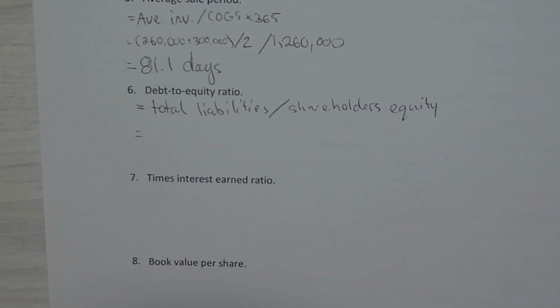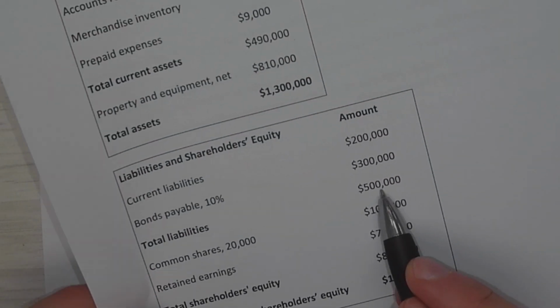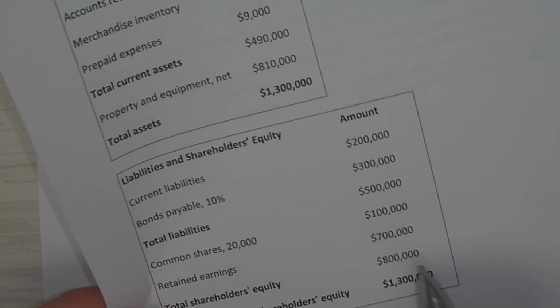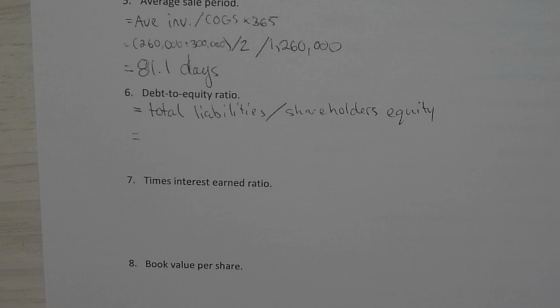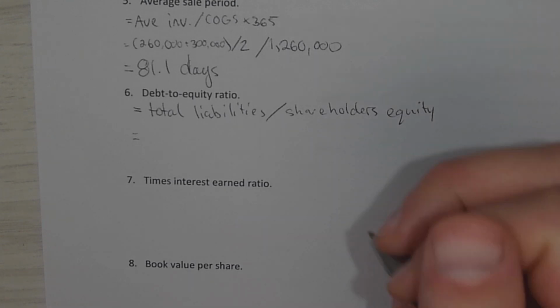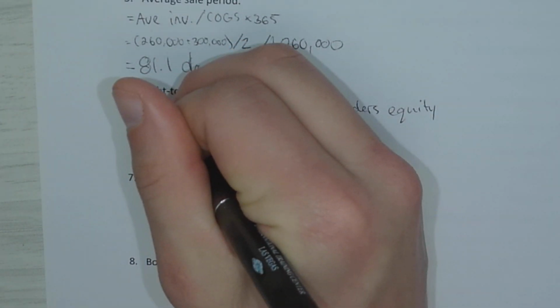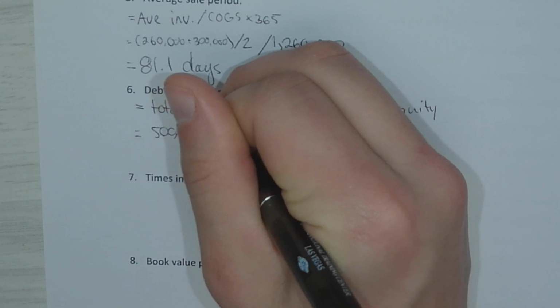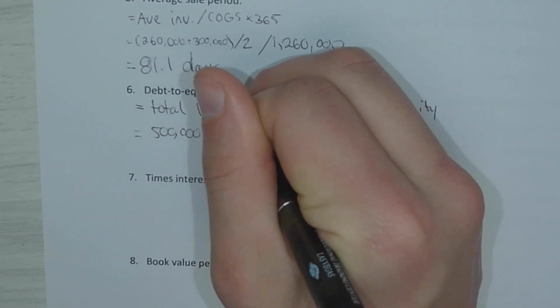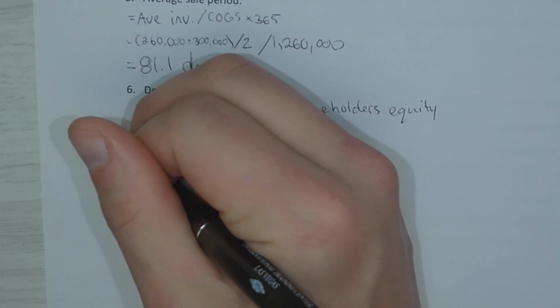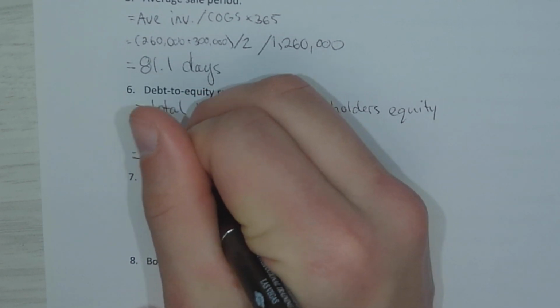And here we've got total liabilities of $500,000 and total shareholder equity of $800,000, which equals 0.625.